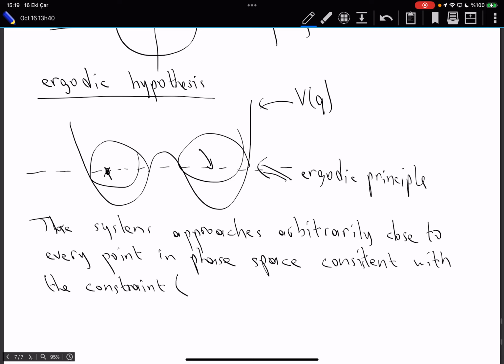Here, by constraint, I will be talking about mainly the macro state. You see this double well potential. If you study that system, at least at low energies, it will not satisfy the ergodic principle. At high energies, it will still satisfy the ergodic principle, but not at low energies.